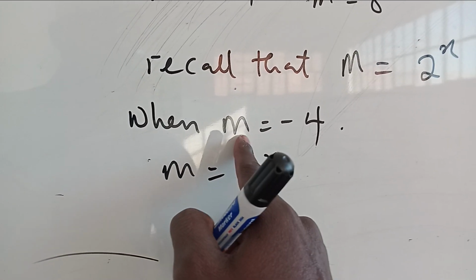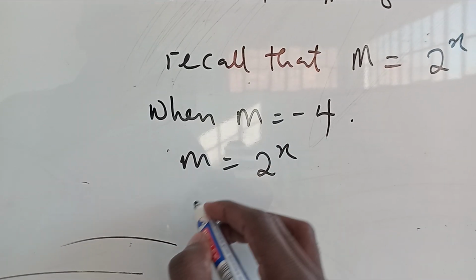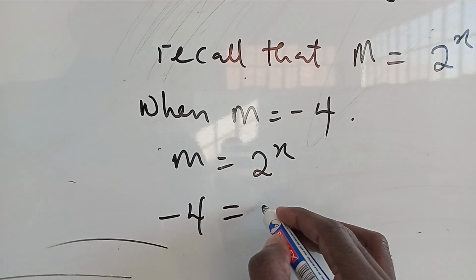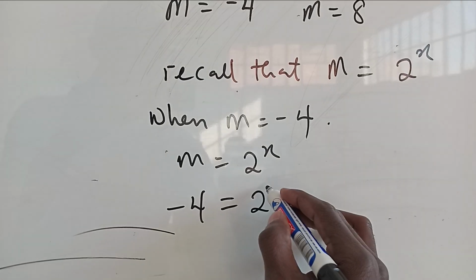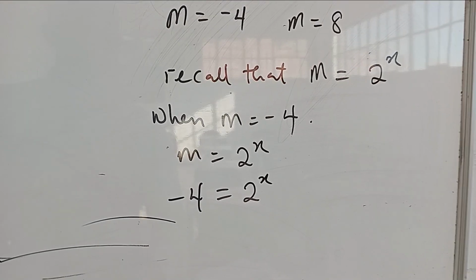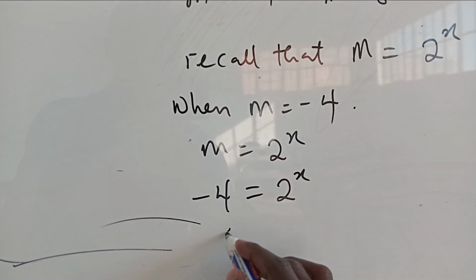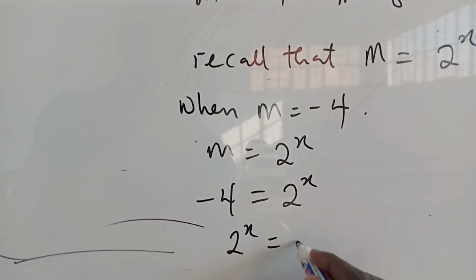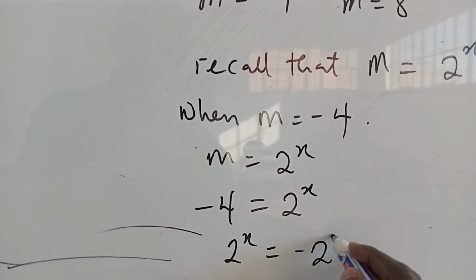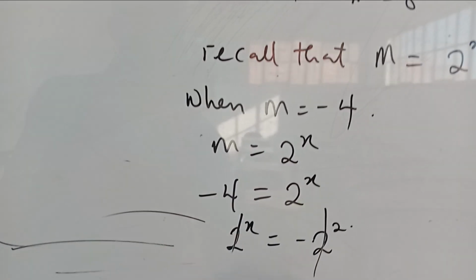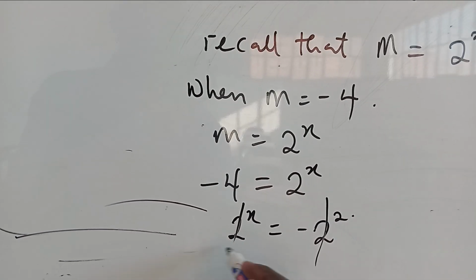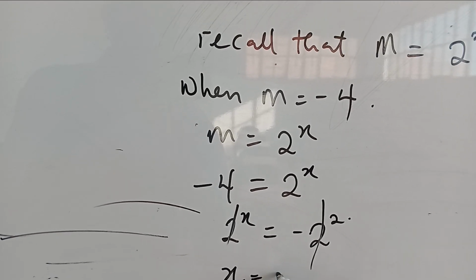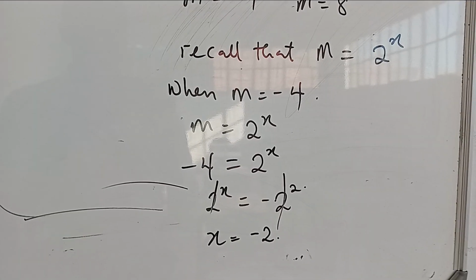I substitute the value of m as negative 4. So I have negative 4 equals 2 raised to the power of x. So this can be written as 2 raised to the power of x equals negative 2 raised to the power of 2. So when this cancels out because they have equal base, I have my x equals negative 2.